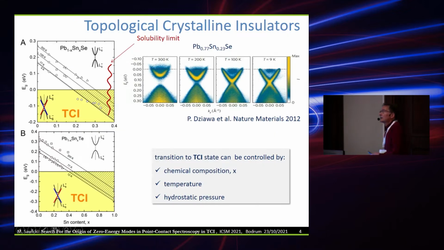Fine. And we can change the properties of this material not only by changing the chemical composition, but also by changing the temperature. Also we can use hydrostatic pressure. So for example, on the left hand side of the slide, we see the phase diagram for these materials. Over there we see the results of the studies.